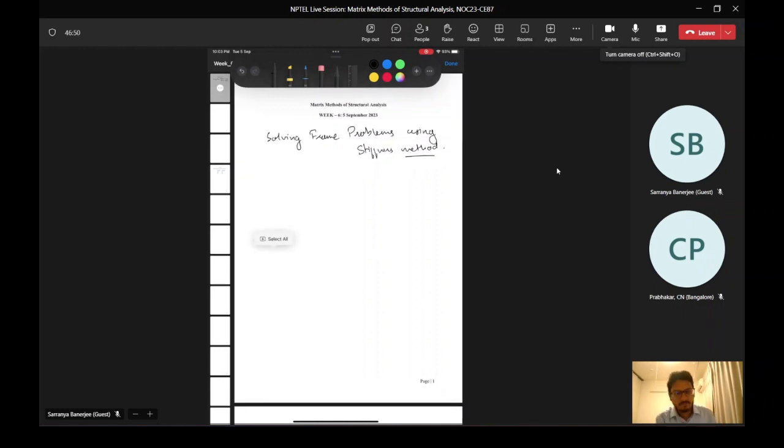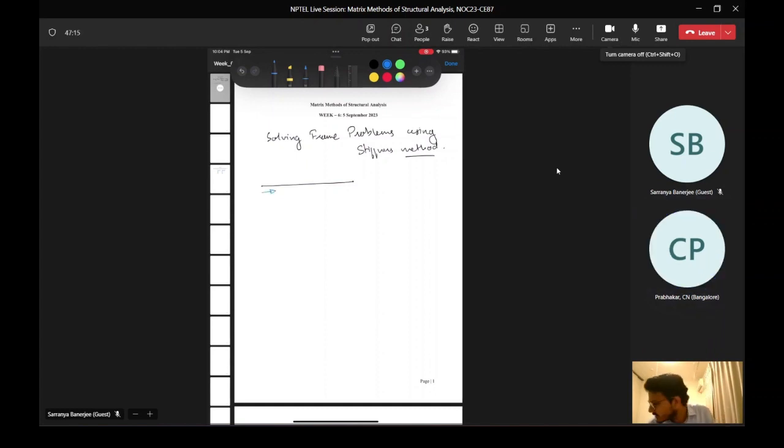First of all, this is not a beam, this is a frame element, okay? So what is the difference between a beam element and a frame element? We just need to take care of the axial stiffnesses.